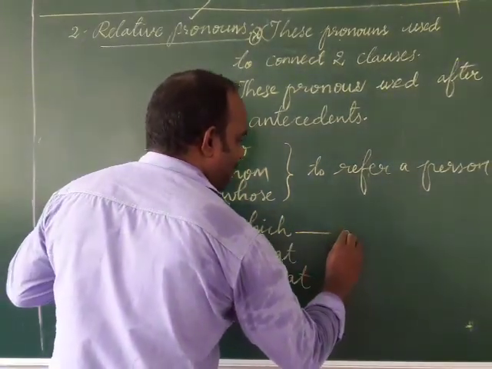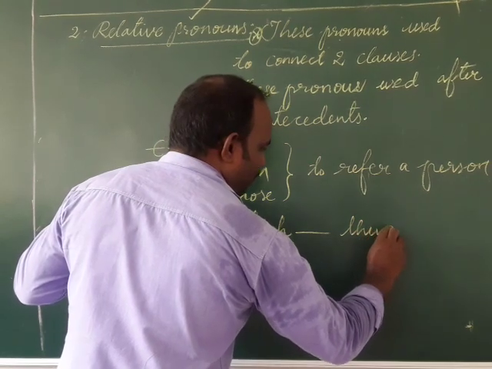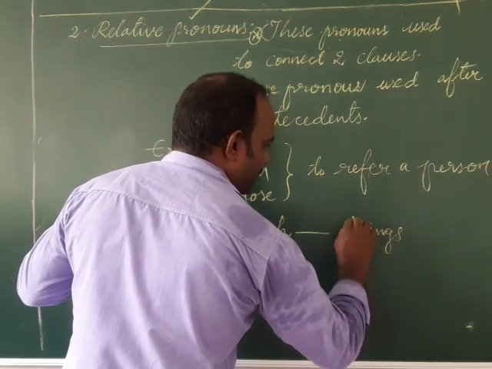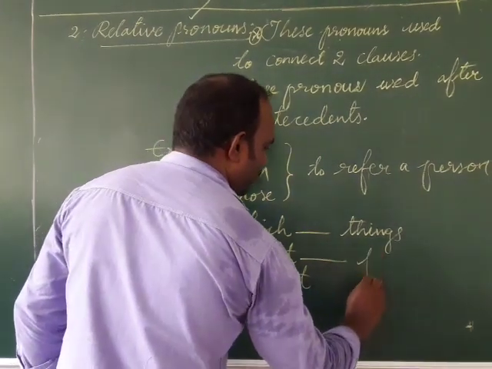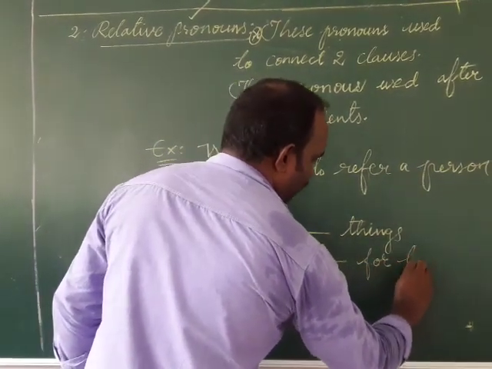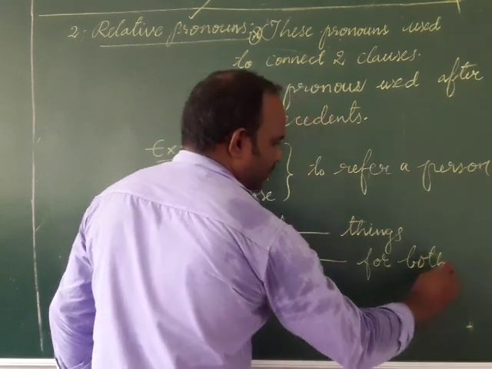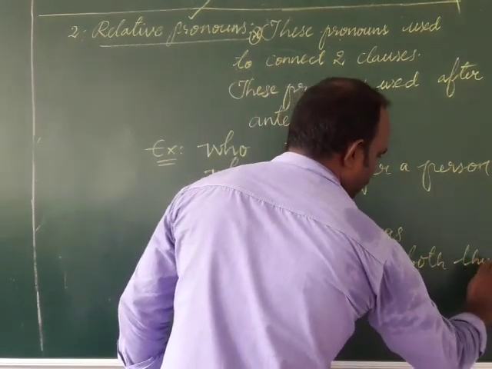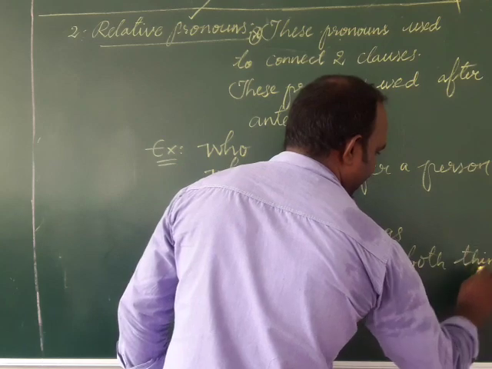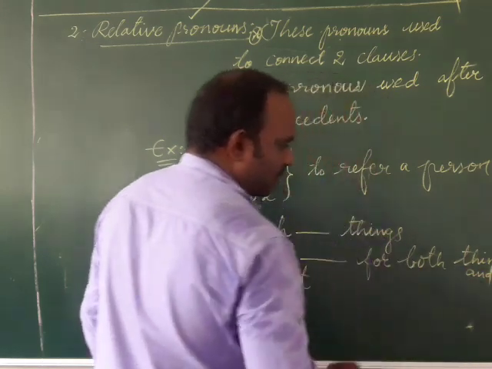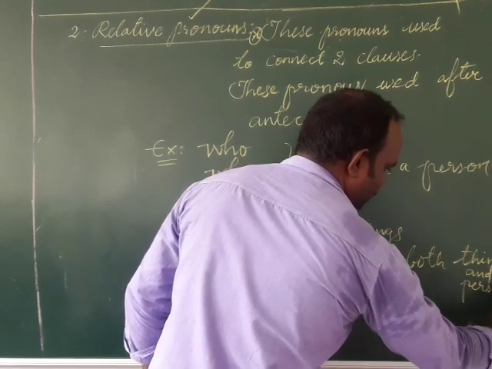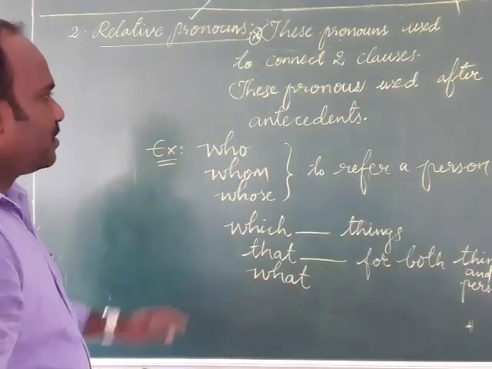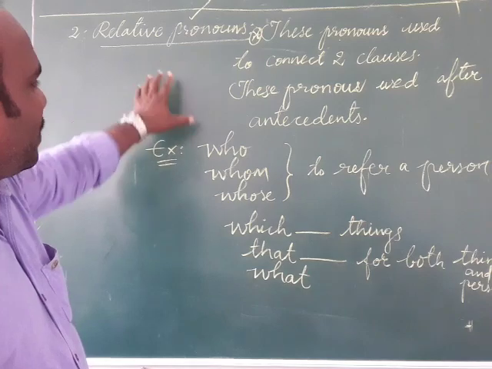Which is for things, that is for both things and persons. Right? So these are relative pronouns.